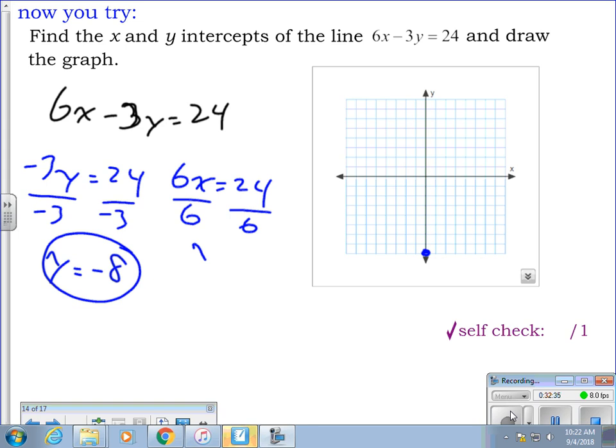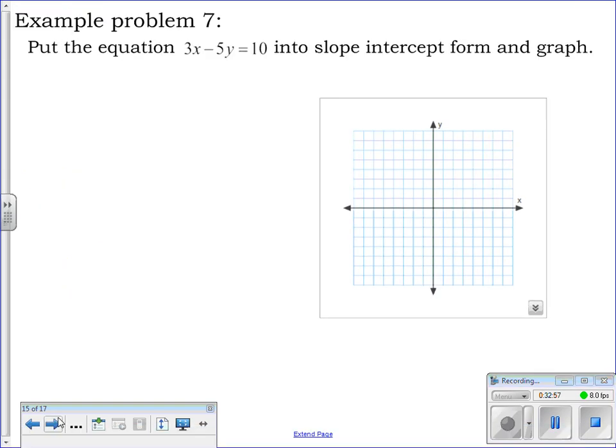X equals 4. 1, 2, 3, 4. Piece of cake. I like graphing from standard form. It's easy. You only need 2 points. Okay.